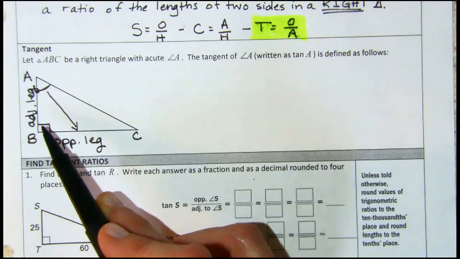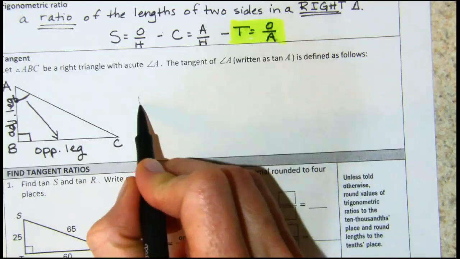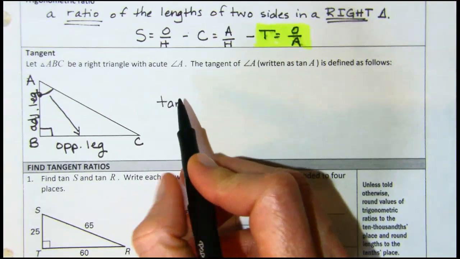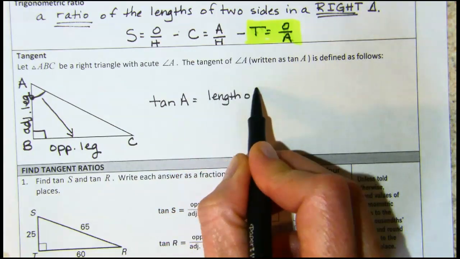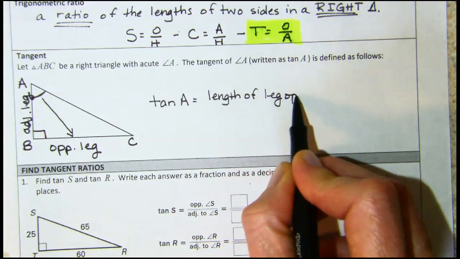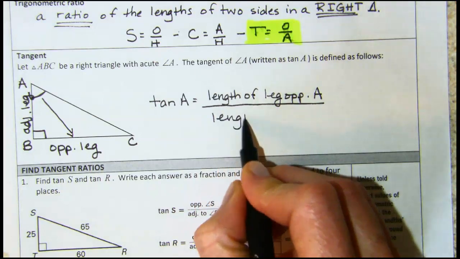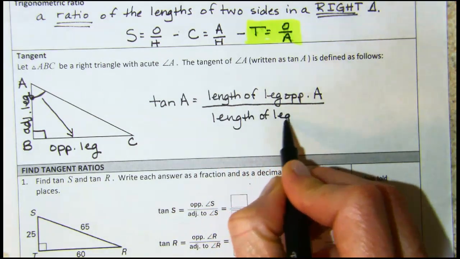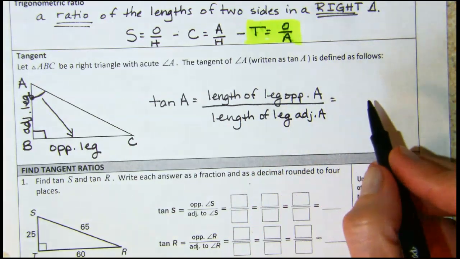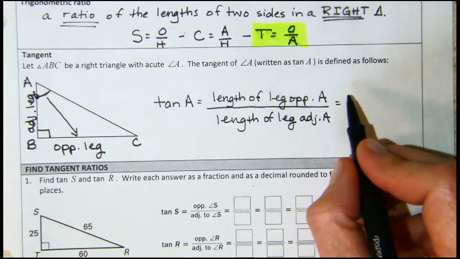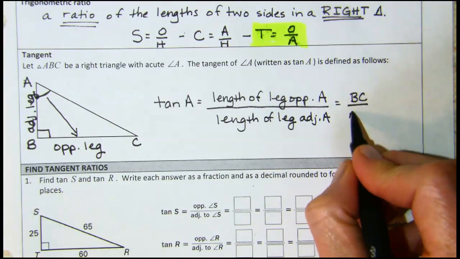And remember that a trigonometric ratio is a ratio, so we make a fraction. So tangent of angle A is equal to the length of the leg opposite of A over the length of the leg adjacent to A. So if we were labeling this with correct geometric terms and symbols, we would say the length of BC divided by the length of AB.